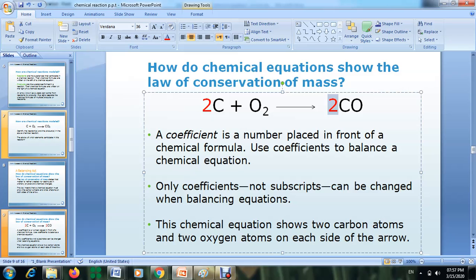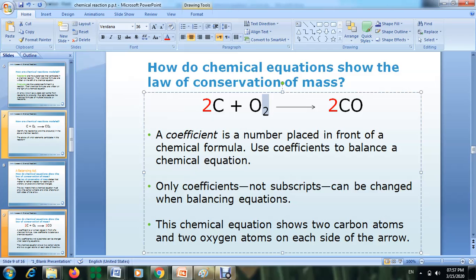If you have a chemical equation that is not balanced, you need to keep the numbers before and after the reaction the same. We don't change the subscript. The subscript stays the same. What we do during balancing a chemical equation is just add a coefficient.